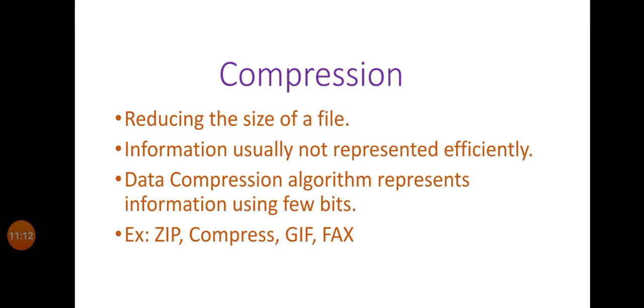Then the next one is compression. So what does compression mean? Before moving to compression, let us consider one example. I want to send a file of 30 MB size to my friend, and the only way I can use is to mail the file.